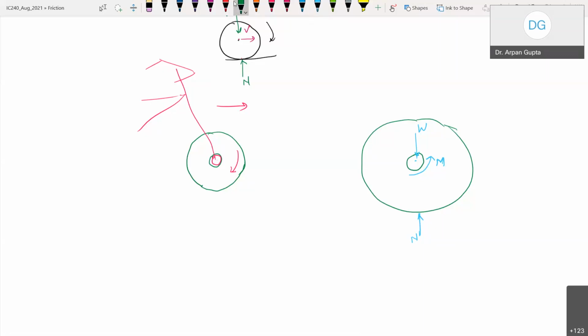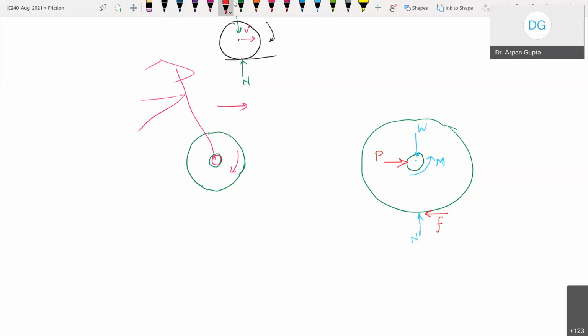To balance this moment M, the ground is going to apply a friction force, small f like this, and simultaneously we have to apply a force P to the wheel horizontally to make it rotate.